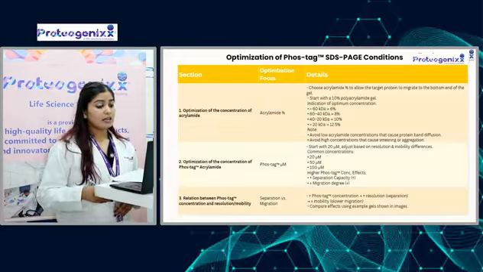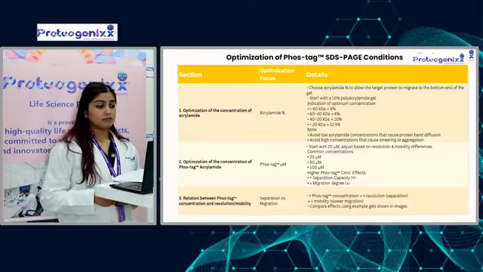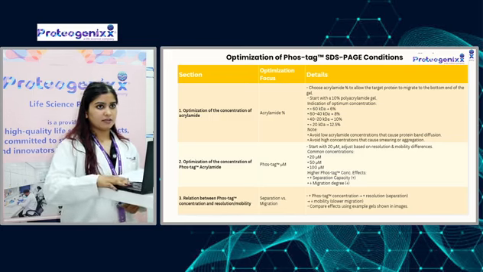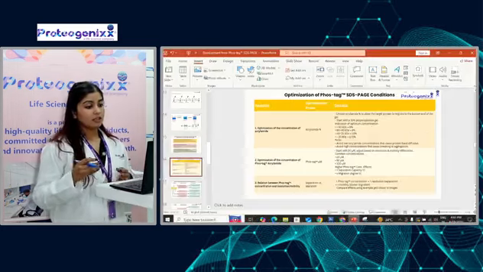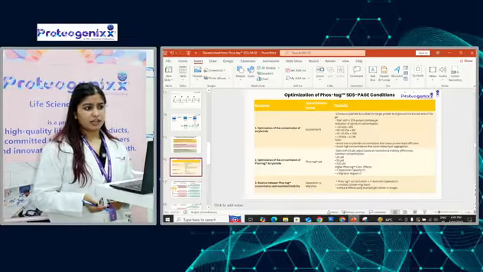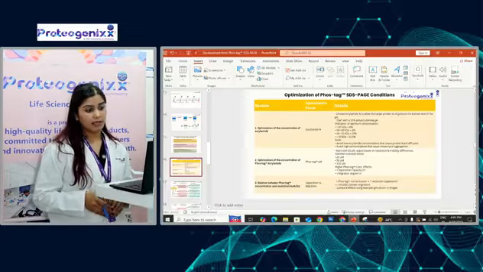And when you are using larger proteins, more than 60 kilodalton, then we use a lower concentration of polyacrylamide gel. So we just talked about the optimization of the concentration of the acrylamide gel, but now the optimization of Phos-tag acrylamide is also very important.